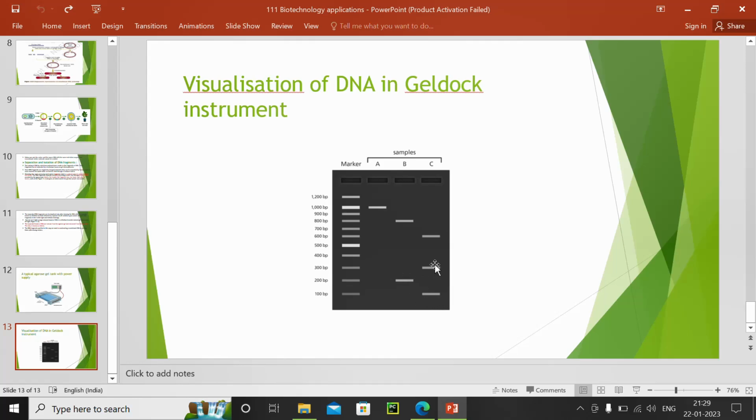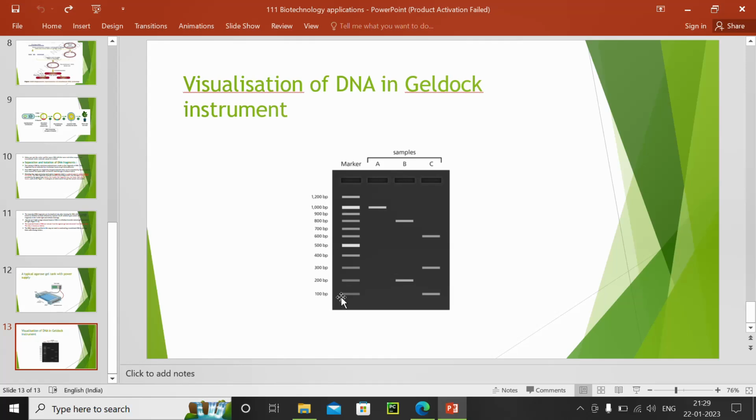This is 200, this is 300, this is 500, and so on up to 1000 and 1500, and these are sample wells A, B, C, and this is the ladder or marker.